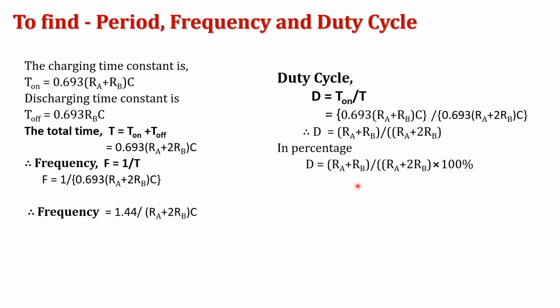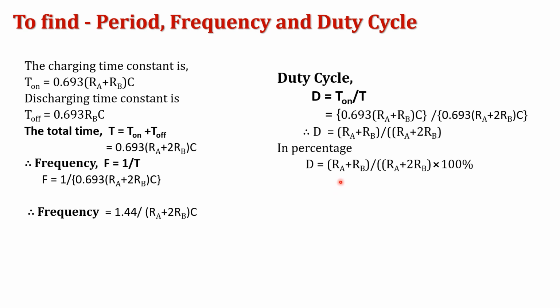If RB tends towards 0, then what happens? The numerator term becomes RA and the denominator is RA. RA gets cancelled and we get 100% duty cycle.